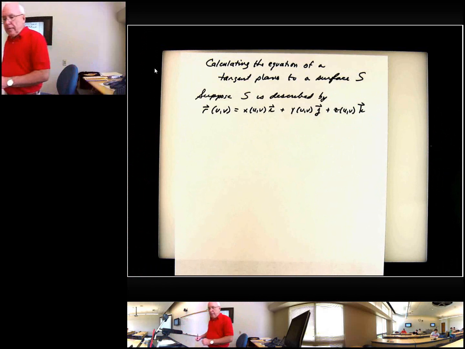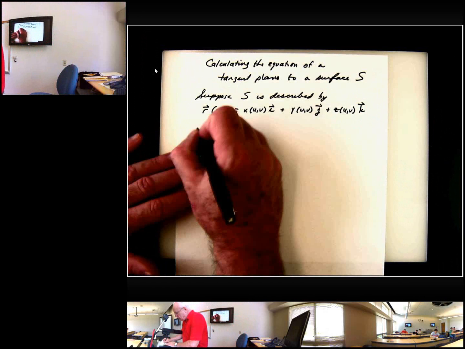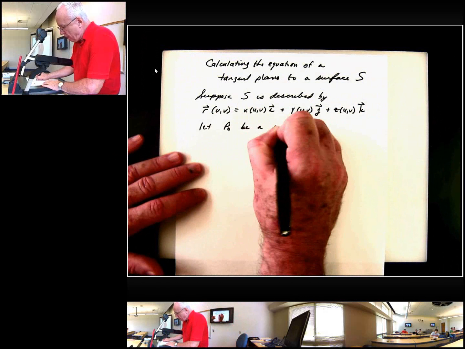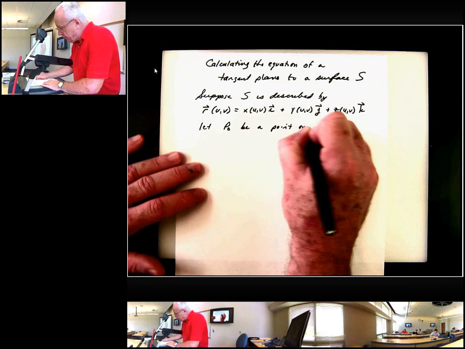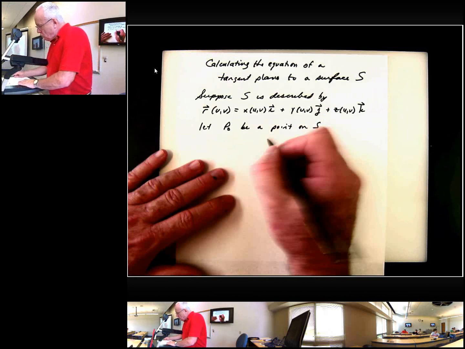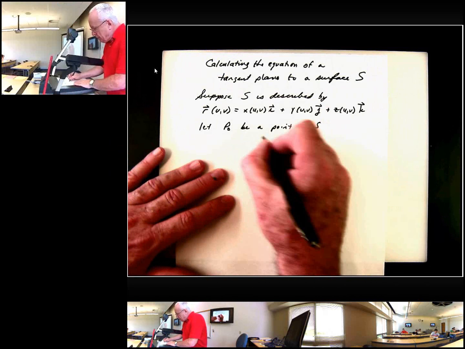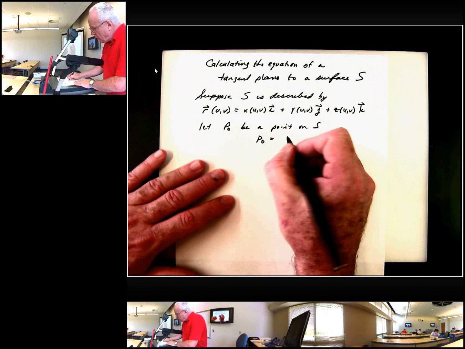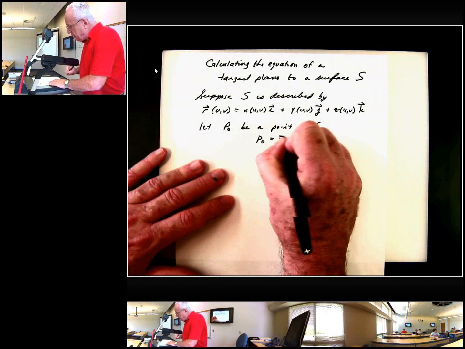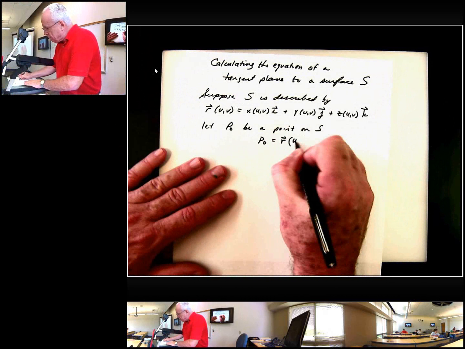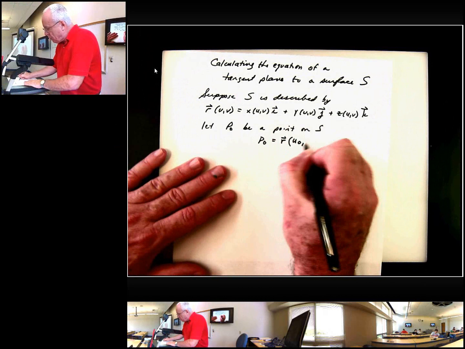Now let P sub naught be a point on the surface S. So we're going to say that P sub naught is equal to the value when we put in u sub naught, v sub naught.